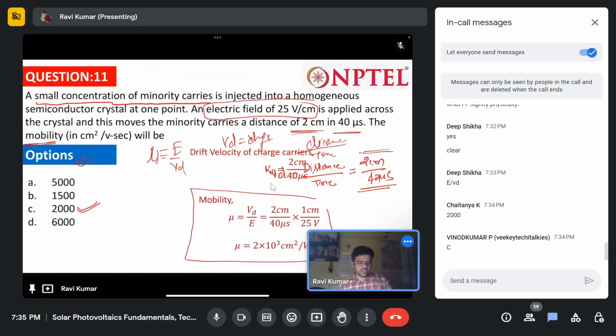Mu equals Vd upon E. Vd we can calculate using the distance and the time given, and E is already given here. By using this we find it is 2 into 10 to the power 3, or 2000 centimeter square per volt second. C is the correct answer.